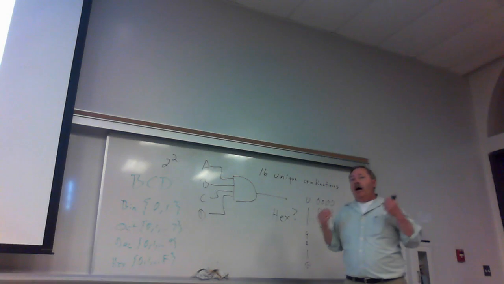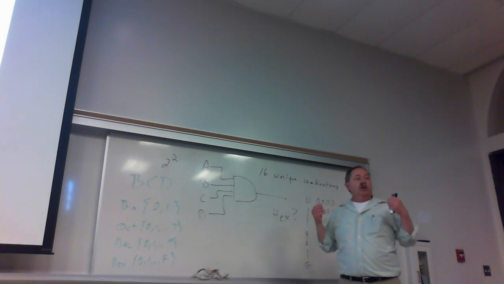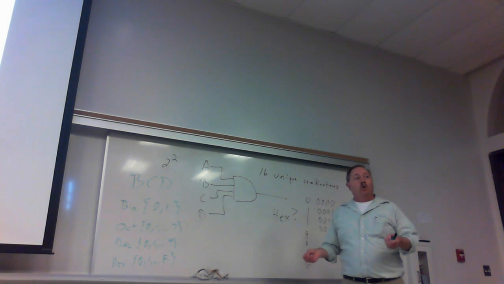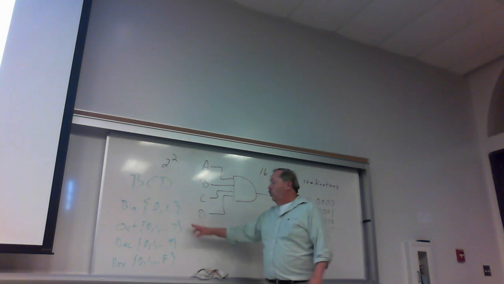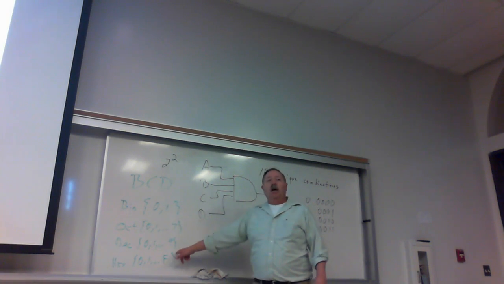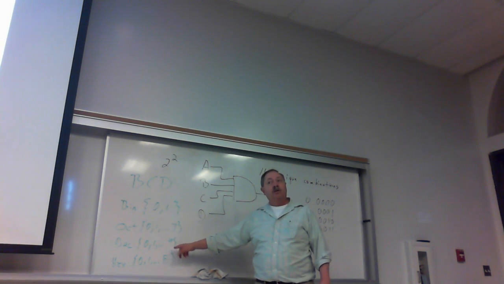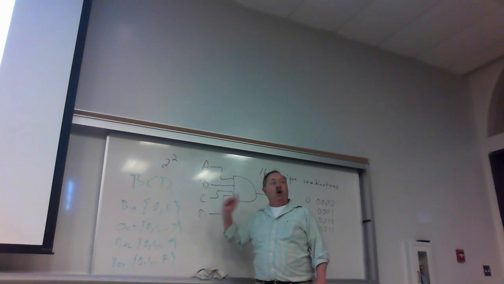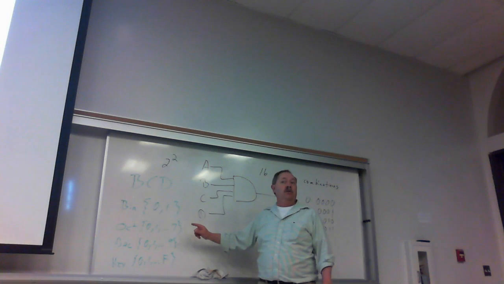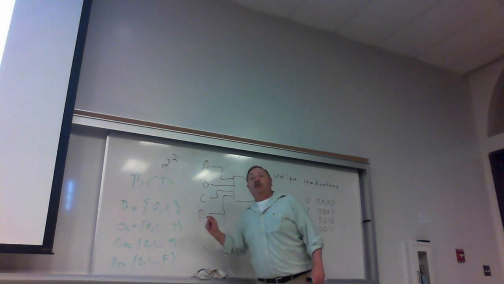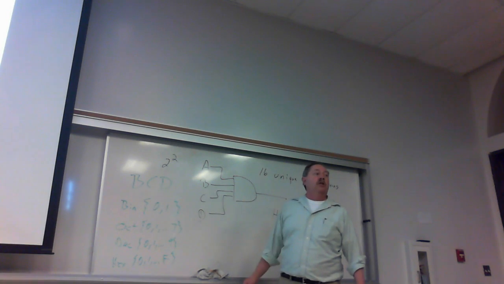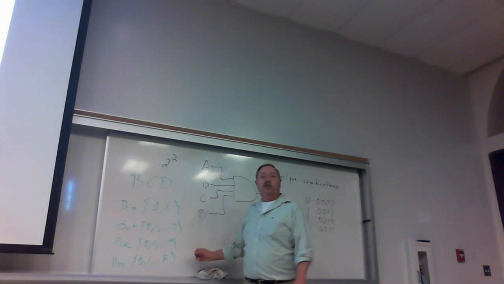Okay? So if I want to represent a unique number or character for any of these number systems, I need enough bits to uniquely create all of the characters in that set. And I need enough bits that I can generate each of these unique characters in these sets.